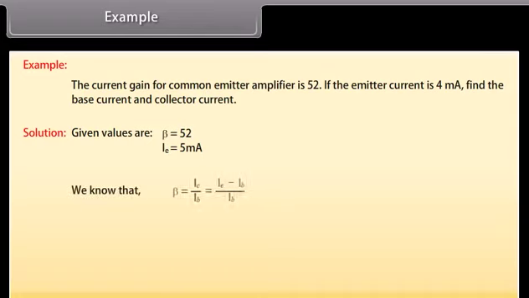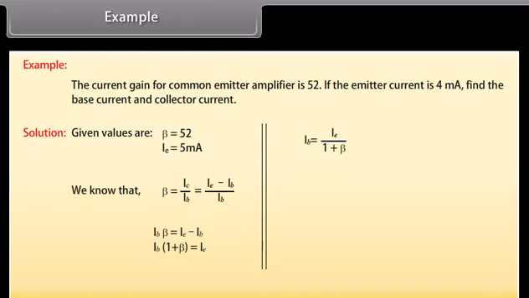We know that beta is equal to IC upon IB, which is equal to (IE minus IB) upon IB. On simplifying the expression we get IB is equal to IE upon (1 plus beta). Now putting the values in the expression and calculating, we get IB is equal to 0.08 mA.